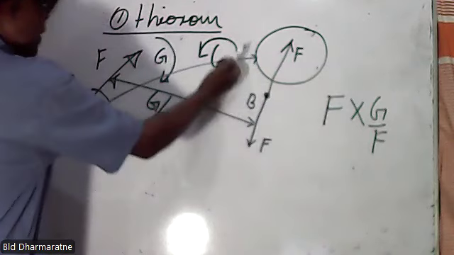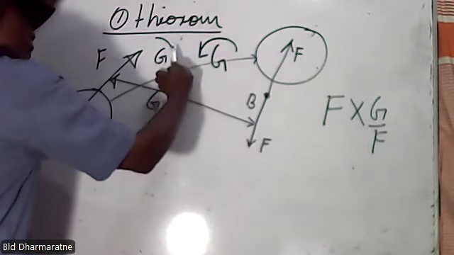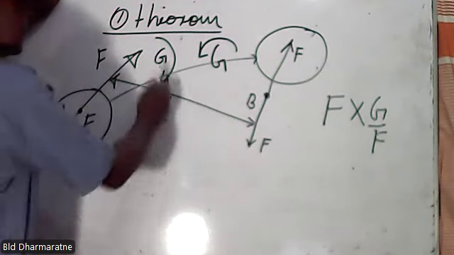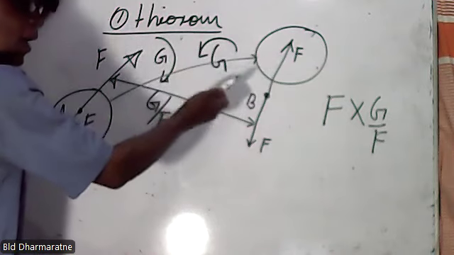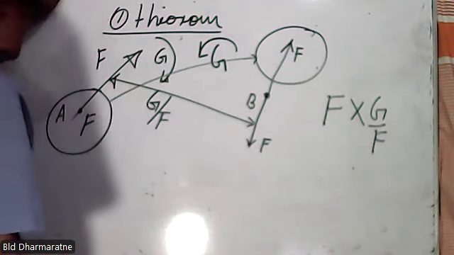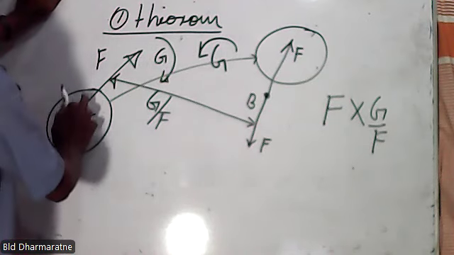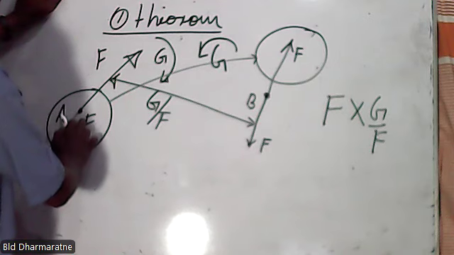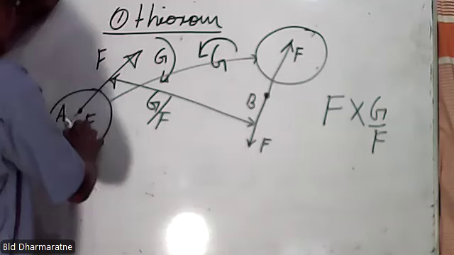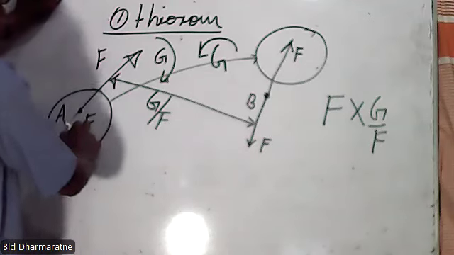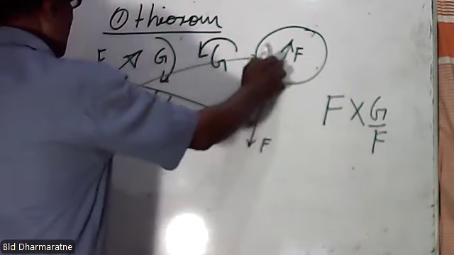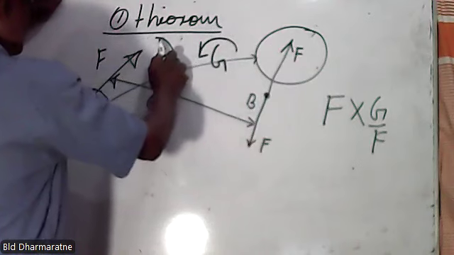This G couple is anticlockwise and the given G couple is clockwise, so they cancel each other. Clockwise and anticlockwise cancel. The couples are cancelled.